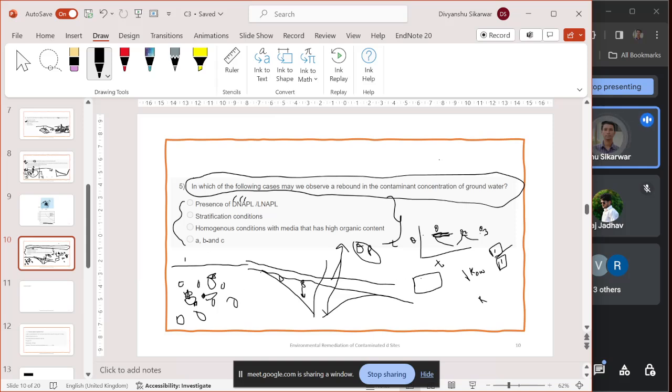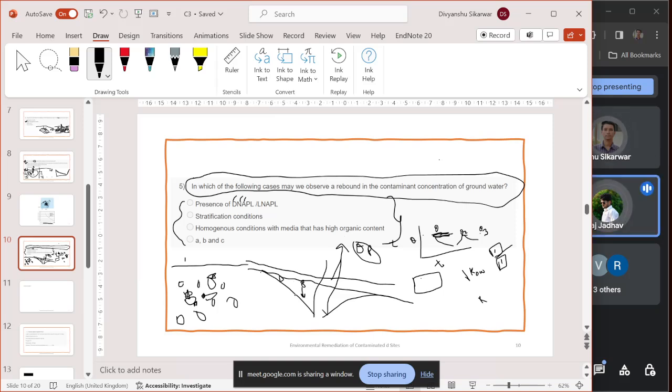Once you remove the water, these particles also get removed. The new water which resurfaces in this region won't have these particles. But there must be some equilibrium between the particles absorbed on soil and the water interface, so some of the particles will move into the water. Because of that, there will be some contaminant again in groundwater, so we again pump out the water.